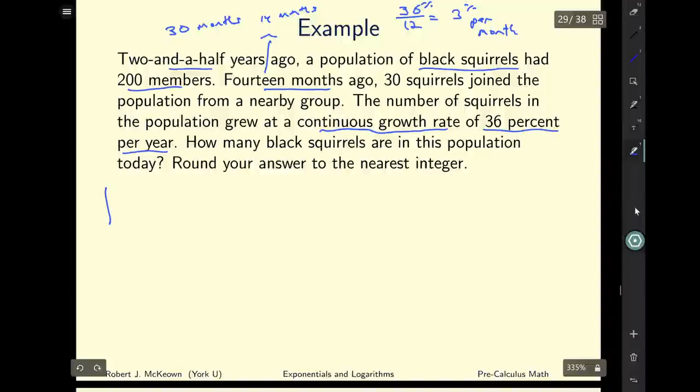Now I'm going to use a little trick from finance, and I'm going to draw a timeline. And so we can think of the original 200 squirrels. This is t, well, I guess we'll call it t minus 30. And here's today.